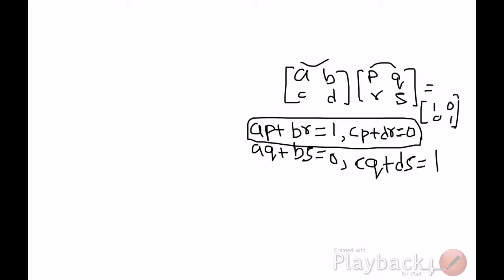So here I want to take out P. The common LCM, least common multiple, is AC. So let's multiply this equation right here by C to get AC.